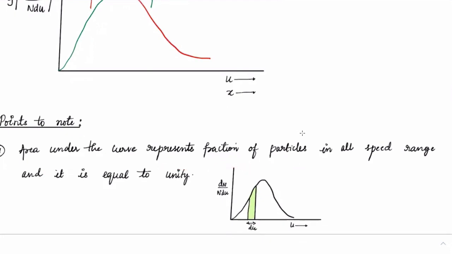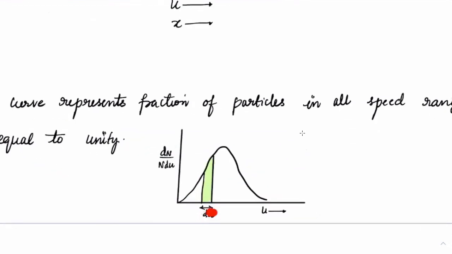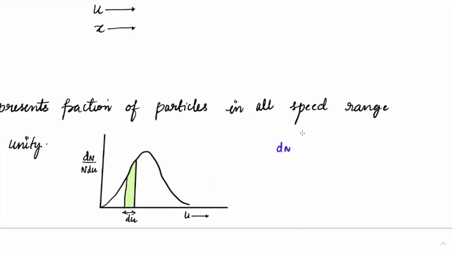Suppose this is a du amount, a small change, multiplied by y. I should get the area under this curve. So dn by n du multiplied by du gives us dn by n, which is the fraction of particles present in the total number of particles.